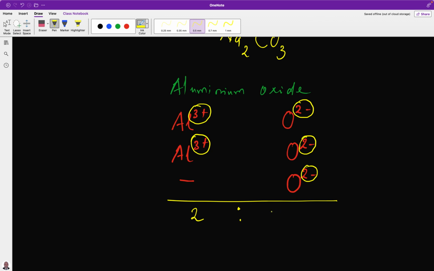The ratio is 2:3. Let's write our ionic compound. It will now be aluminum, 2 of them, oxygen, 3 of them. That is how you can do it.